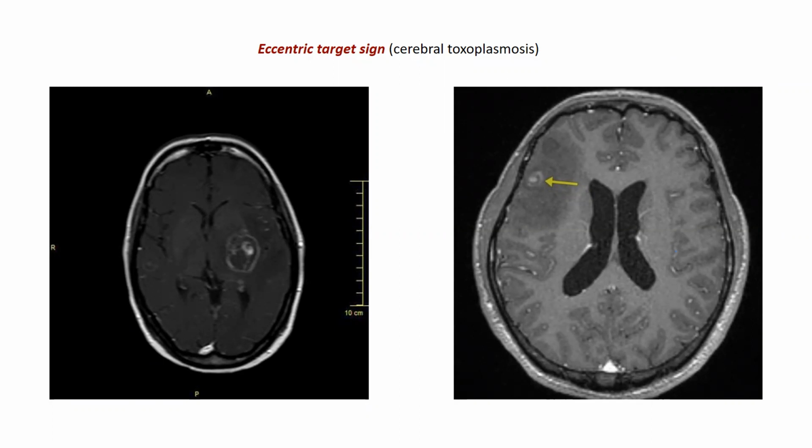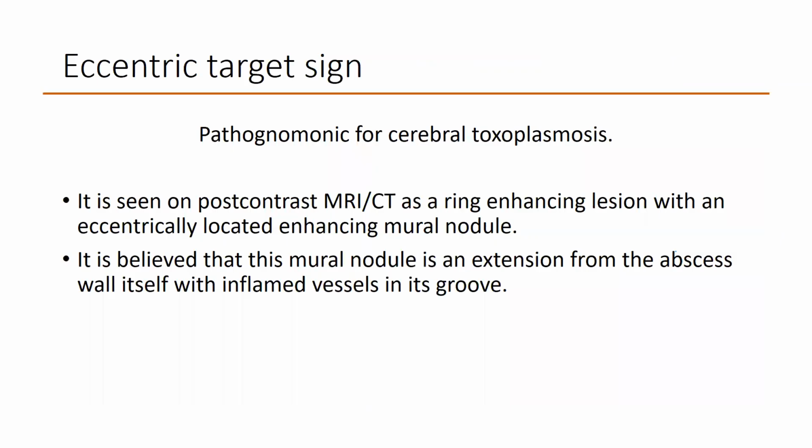Yeah, so it is supposed to arise from the wall of the lesion. So, the enhancing mural nodule, and the abscess wall, it is extending, and it is pathognomonic for cerebral toxoplasmosis. The eccentric target sign is seen only in some 20 to 30% of cases of toxoplasmosis, but you can say with a high degree of certainty that it is toxoplasma itself.